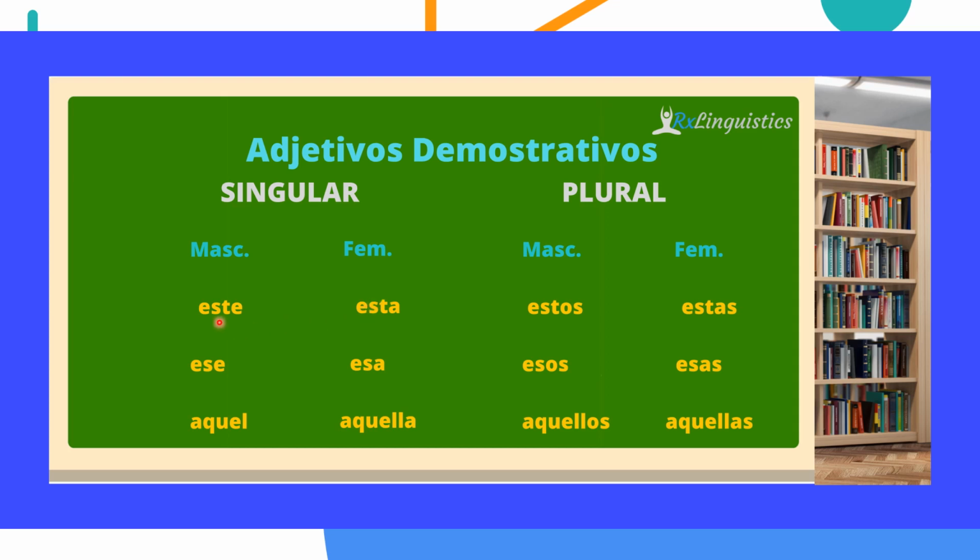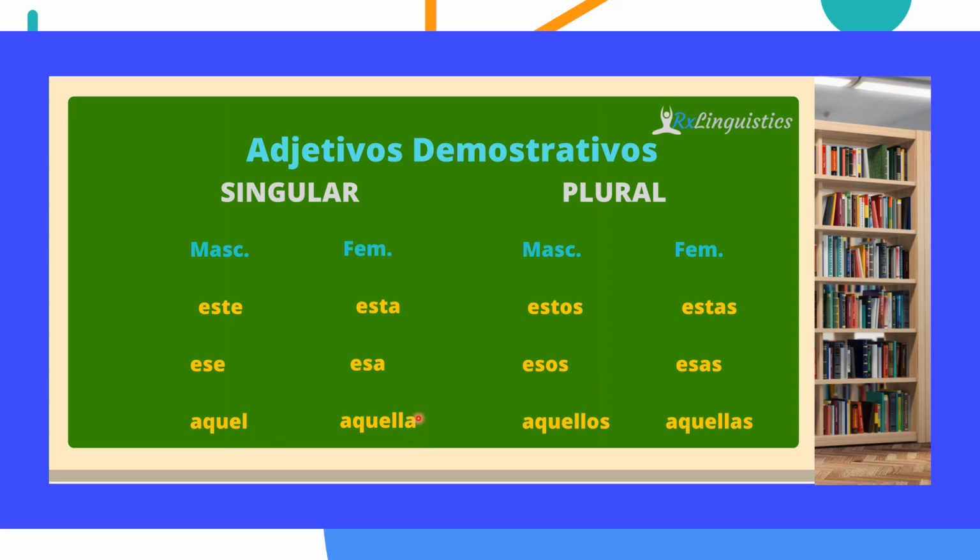So este is this, masculine, singular, and esta is this, feminine, singular. Ese is masculine, singular, and esa is feminine, singular. Aquel is masculine, singular. Aquella is feminine, singular.